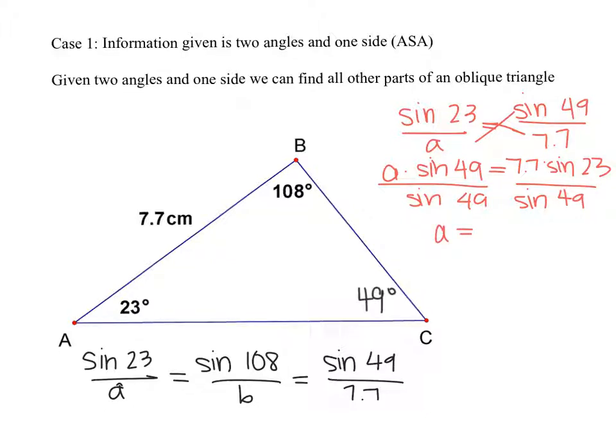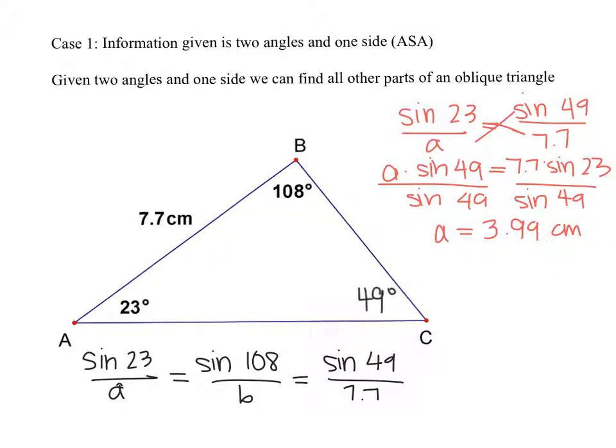So don't do 7.7 times the sine of 23 and write the decimal, because then your answer is going to be off in the end. Instead, do 7.7 times the sine of 23 and then immediately divide by sine of 49. If you round to two decimals, you should get A as 3.99 centimeters. It's also very important that your calculator is in degree mode, otherwise you will end up with very weird answers.